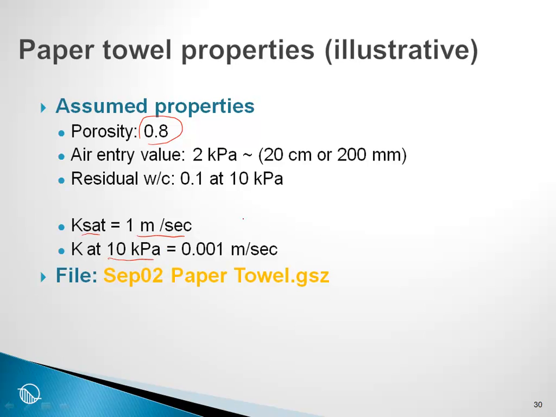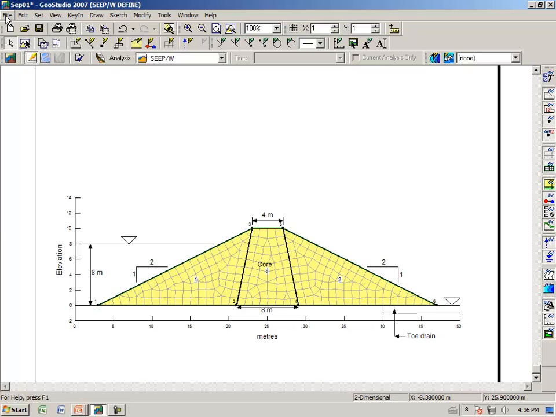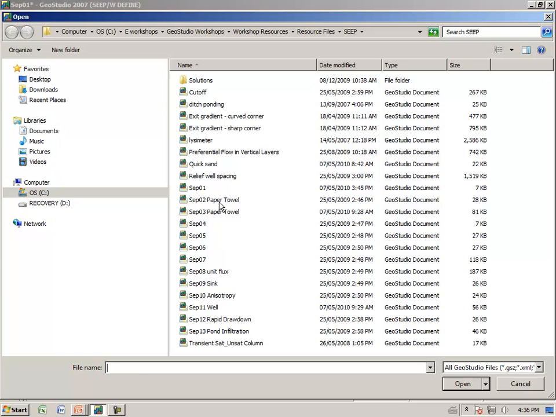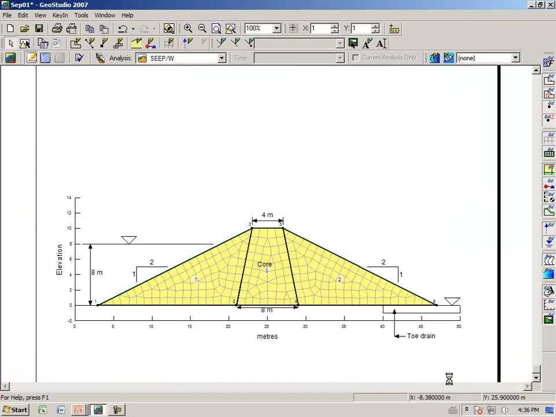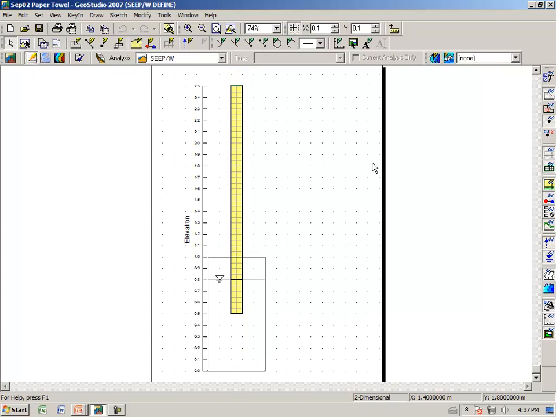So let us go to GeoStudio and open up SEEP-02 paper towel. File, open, SEEP-02, and I will click on my All Objects Zoom button, and we have set up the problem here for you, and we are going to do a steady state seepage analysis.